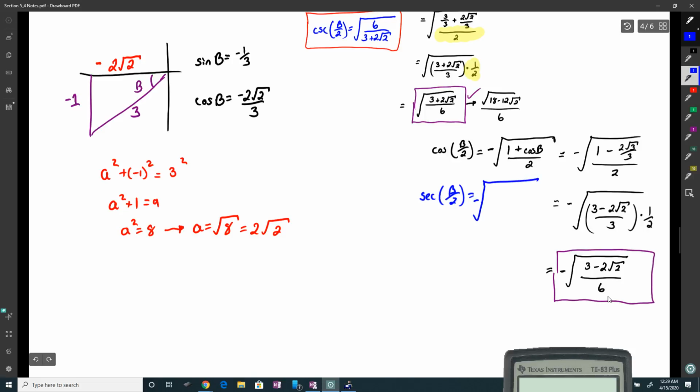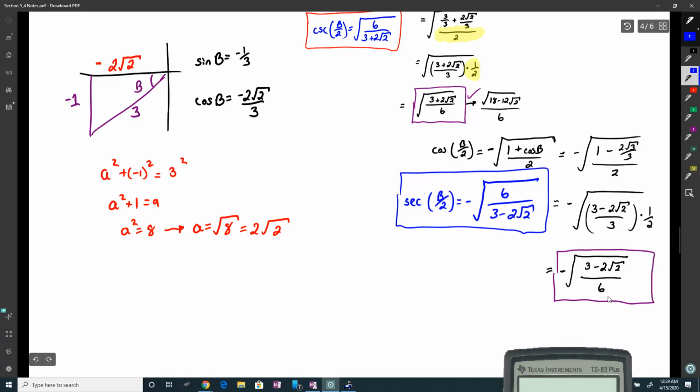So negative 6 over 3 minus 2 square root of 2. So now the last one is tangent.